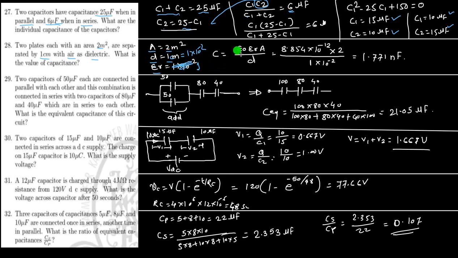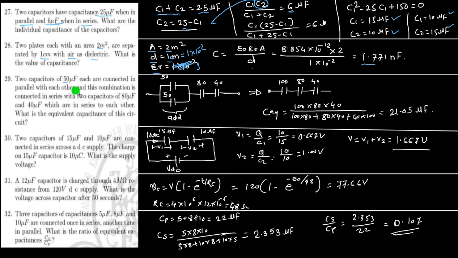So C is equal to epsilon 0 epsilon r A upon d. So 8.854 into 10 raised to minus 12, epsilon r equal to 1, A equal to 2 meter square, and d is 1 into 10 raised to minus 2. So it gives you 1.771 nanofarad.